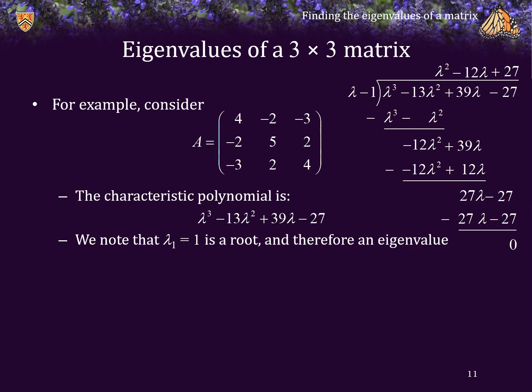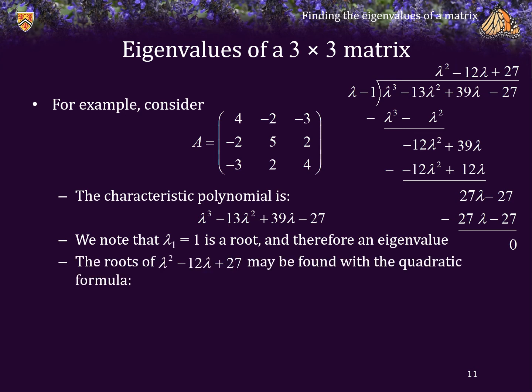Why is it 0? Because you will recall that is the value of the polynomial when evaluated at lambda equals 1, which is 0. It is a root. All right, now the roots of what remains, lambda squared minus 12 lambda plus 27, can simply be found with the quadratic formula.